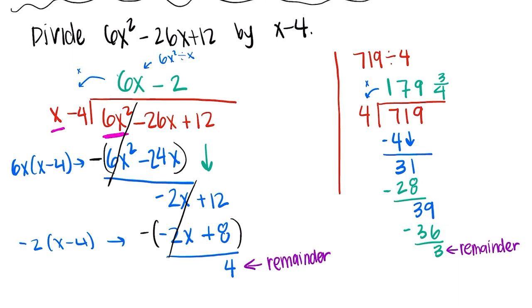Once you put it over the dividend, would you put 4 over the divisor? Yep. And so then I could say my answer is plus 4 over x minus 4. Technically, when we have a mixed number like this, 179 3/4 is really 179 plus 3/4.